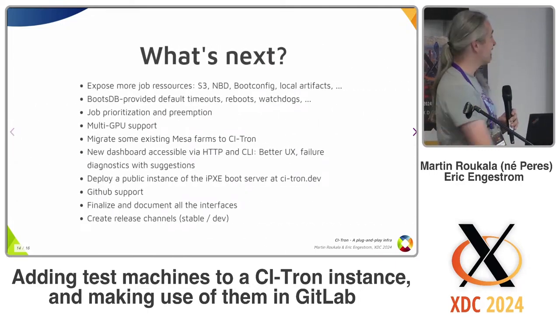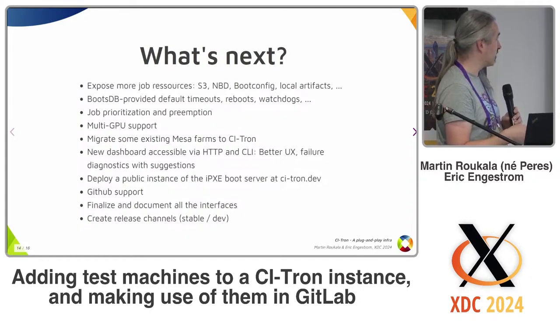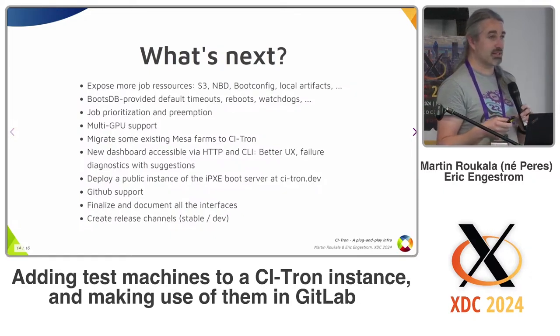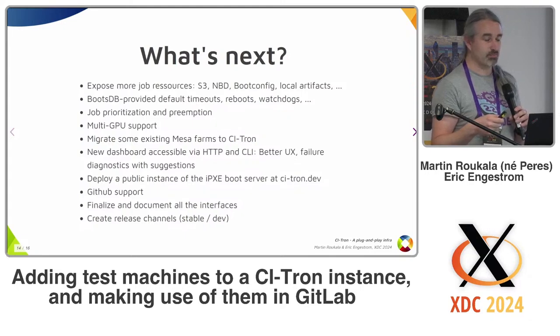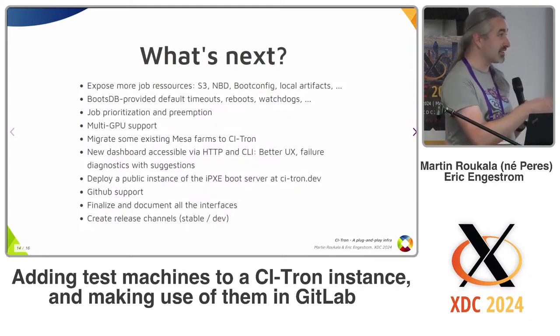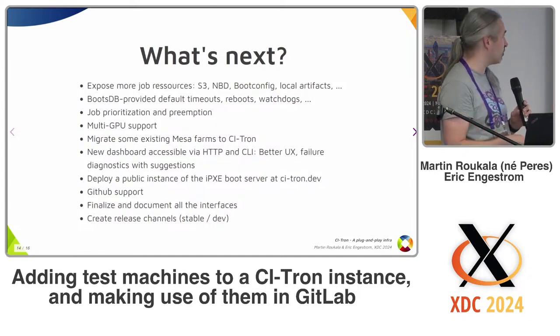So what's next? A ton of things. That's not even full; that's all we could think of. The gist of it is that we have a lot of features that we want to add that are going to be impacting the design, especially job prioritization and preemption. If you have a long-running job running traces, then you want to be able to run pretty much jobs from Mesa instantly and then continue the low-priority tasks.